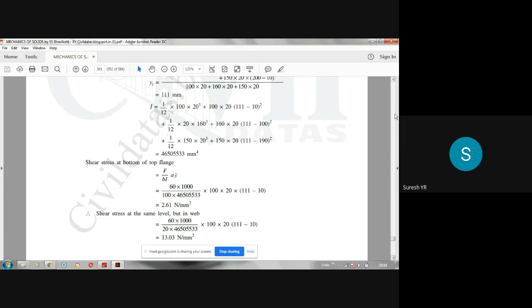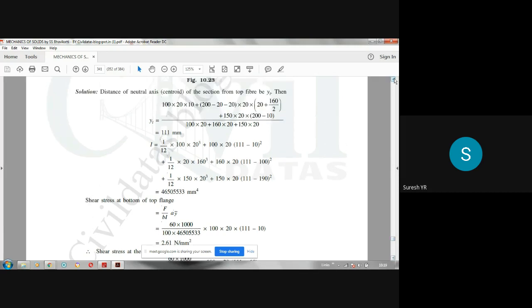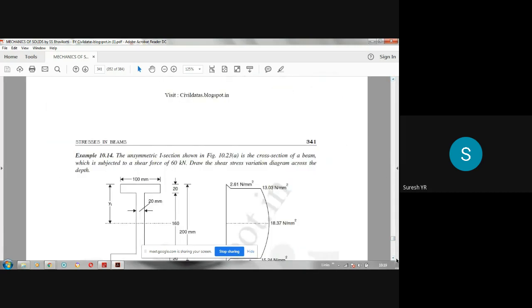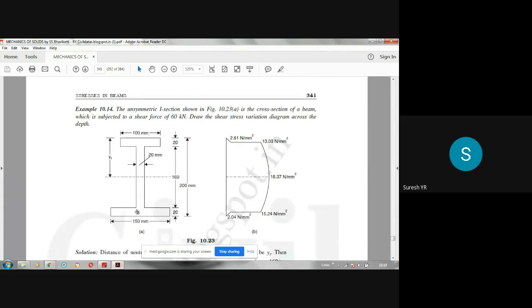Similarly, if you are calculating the shear stress at this junction, for the flange you take the area below this level, not above. Now you are moving down, so you have to take the area below the neutral axis.